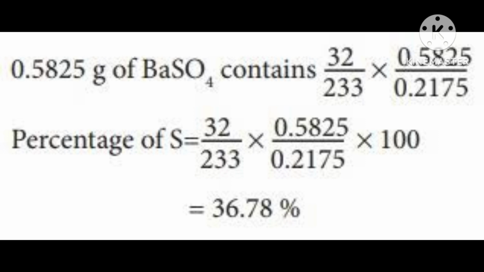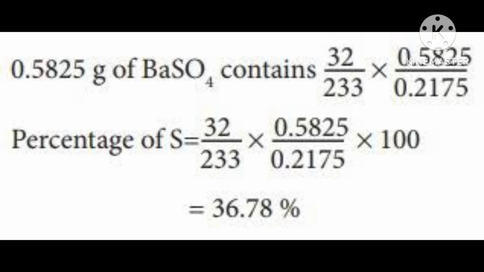Now you add both: 188. Then 188 gram silver bromide contains 80 gram bromide ion.